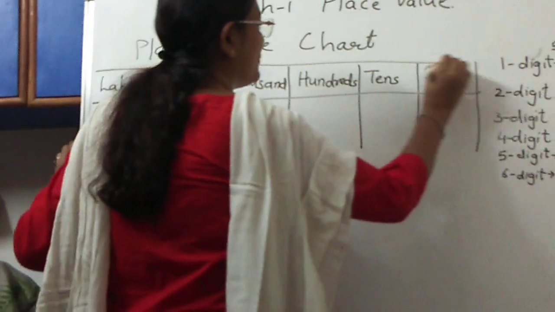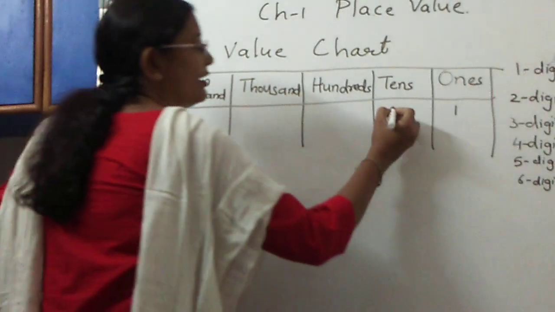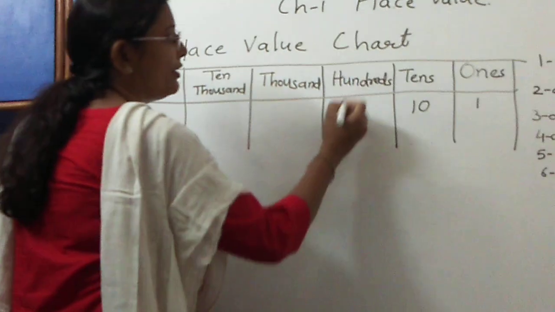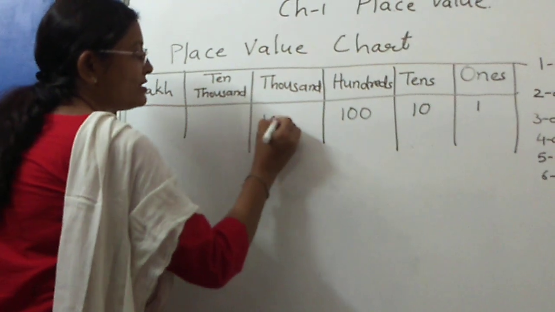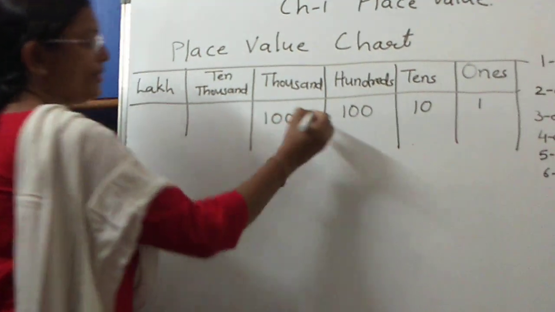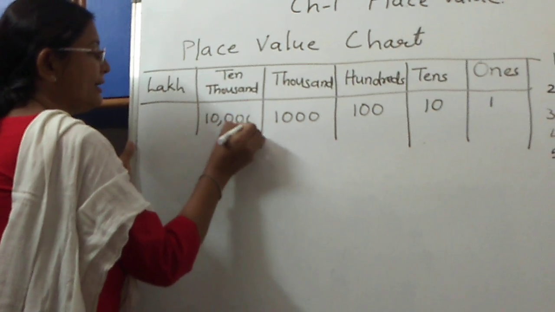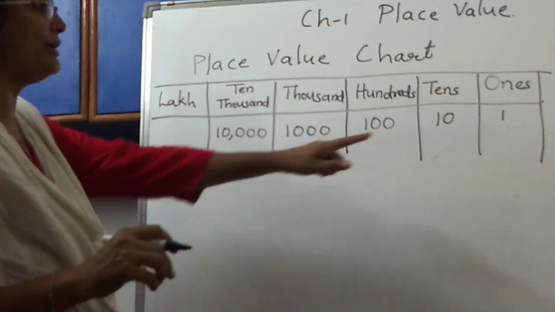That is a 4 digit number. If I write 1, it means 1 ones, 1 digit. 10 means 1 tens, a 2 digit number. 100 means 100, a 3 digit number. 1000 means 1000, a 4 digit number. And 10,000 is a 5 digit number, 1, 2, 3, 4, 5.